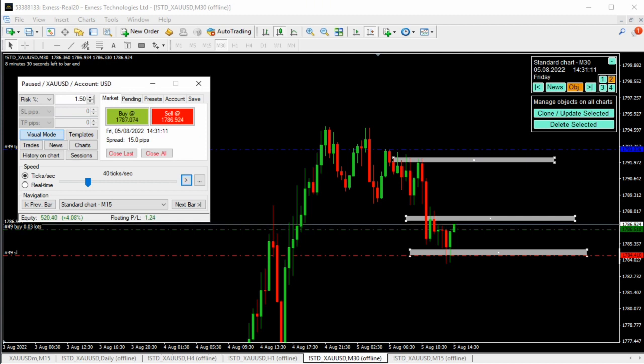Now, if price breaks above this area of resistance, about this level right here, then we're going to consider trailing our stops to maybe this position up here. That's how we're going to be managing our risk from that point. Okay, beautiful.